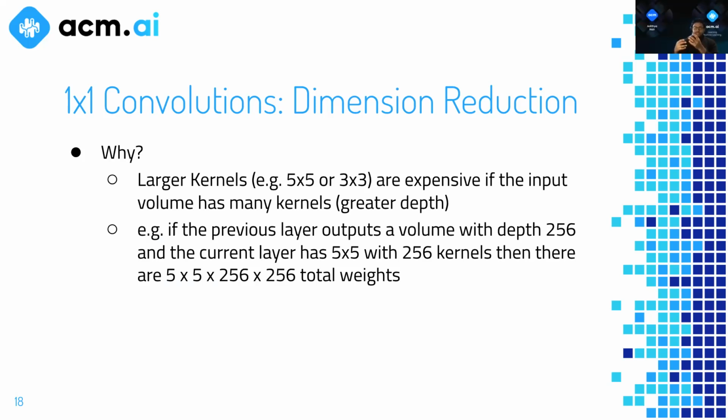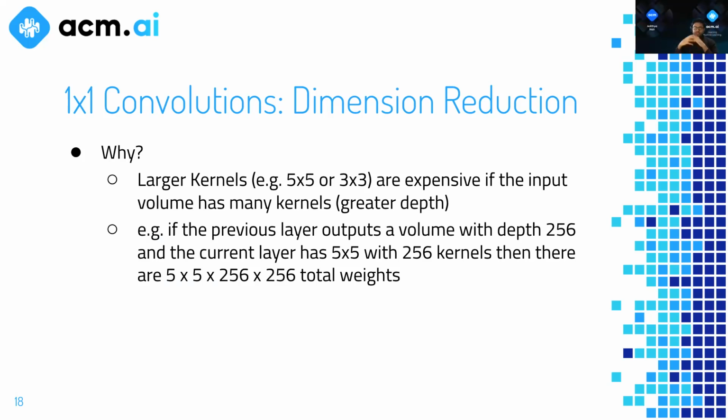Your filters will have smaller spatial dimensions so you can focus on different features in that image, but they have to have that same depth, which in this case is 3, so that you can convolve over that input volume, which also has a depth of 3.